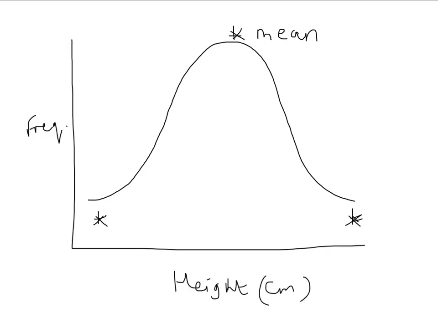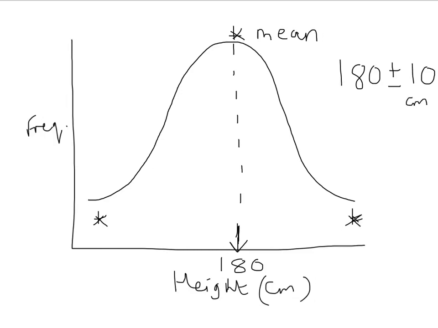So if we put our mean as the peak here, and let's take our height in centimetres as, we'll just pick a random number, 180. Let's say, for example, that is our average. Now, sometimes you see values shown as 180 plus or minus, let's say 10 centimetres.